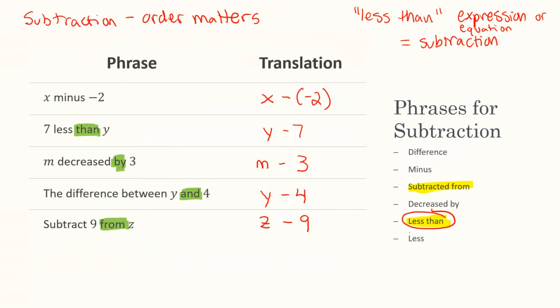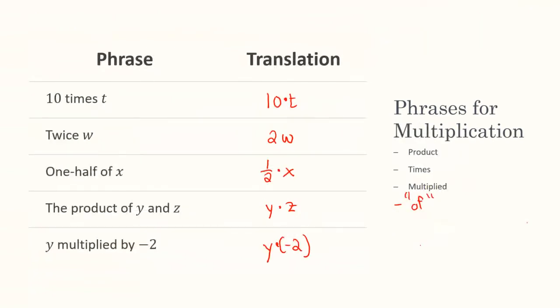So some of these are in reversed order, but it does go in between. And even on multiplication, the word and, you put the multiplication symbol in between. Multiplied by, the multiplication symbol was in between. Of, it's in between. And then the other ones don't really have those words, but they're just connected together.